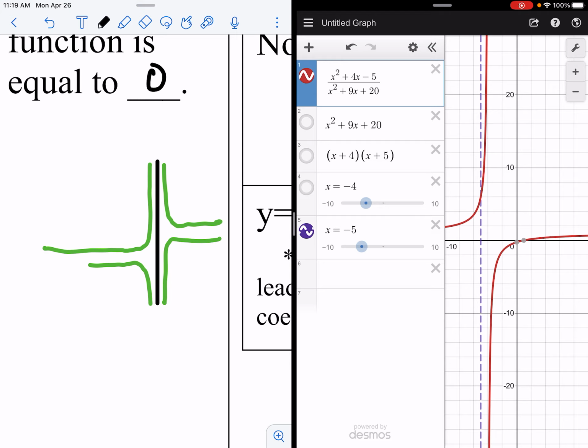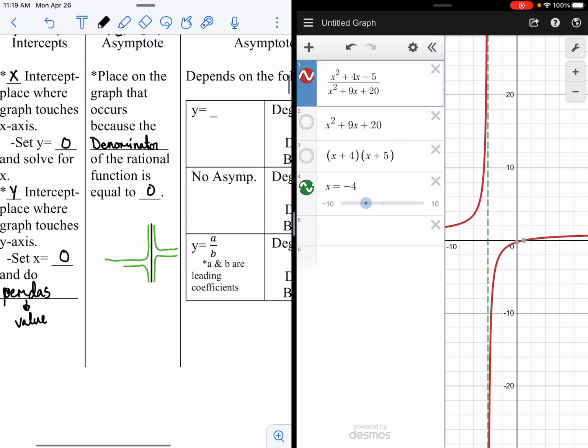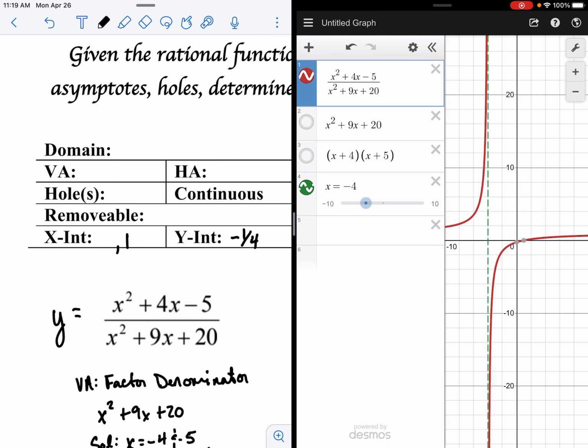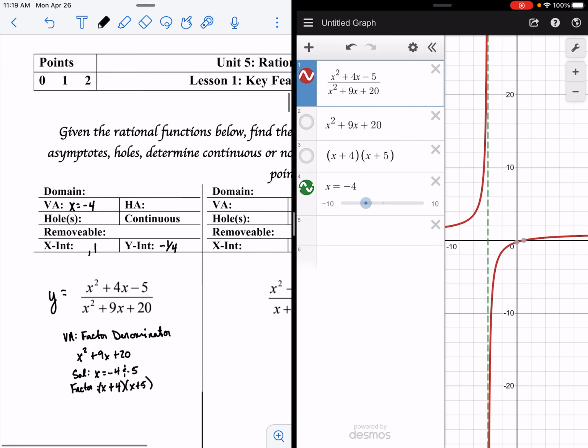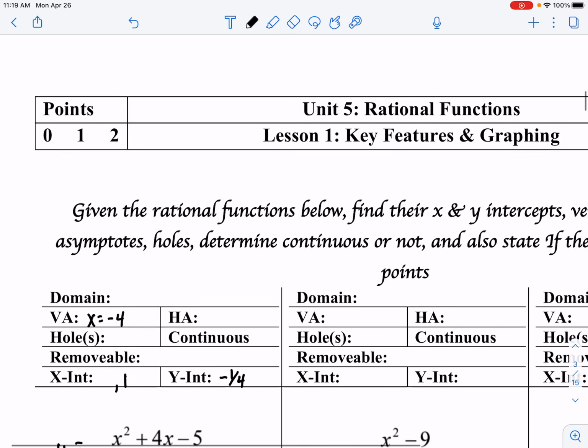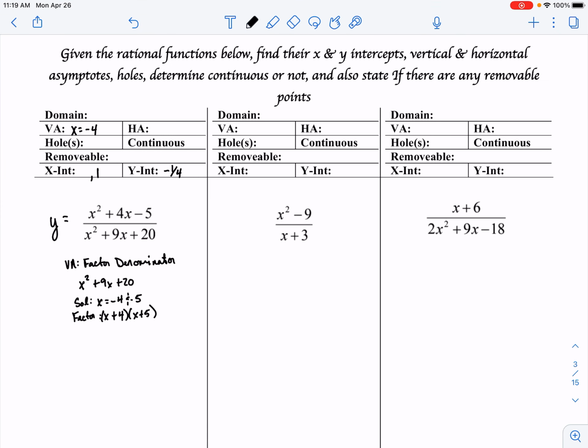If it touches, it's not a vertical asymptote. So my vertical asymptote is x equals -4. What I want you to do is try these next two examples, listing the x-intercepts, the y-intercepts, and the vertical asymptotes.